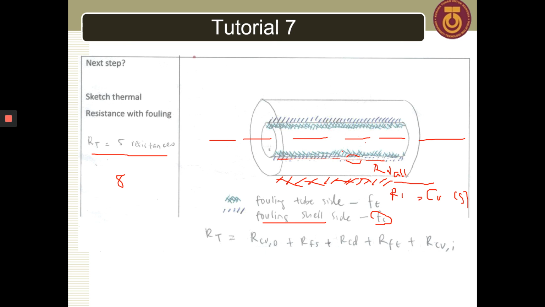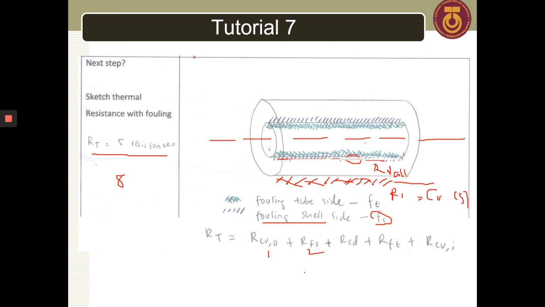Then the fourth resistance is the fouling on the tube side, and finally we have the resistance due to convection inside the tube.